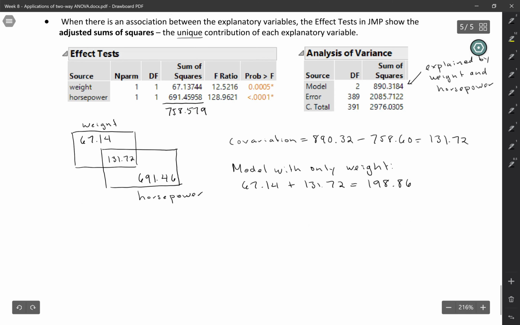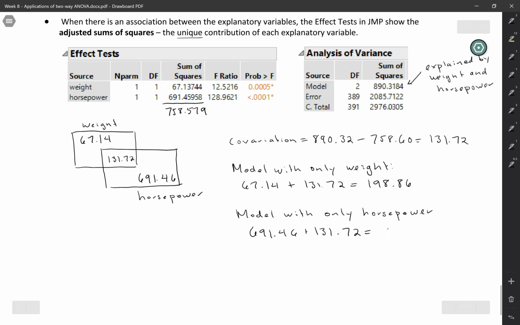Same kind of thing if you were to fit a one-way ANOVA with only horsepower: you would get the 691.46, the part that's uniquely explained by horsepower, but you would also get the covariation, 131.72, and so in total it would be 823.18. So either of those models could explain that covariation piece in the middle.